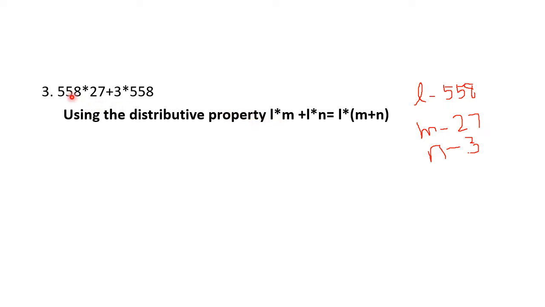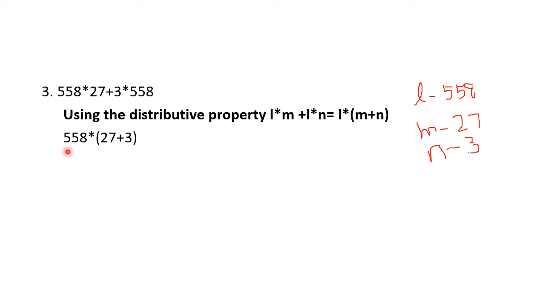L into M plus, see here we are having plus, so plus L into N. The question given is in this form, so we have to convert it into this. So what is L?